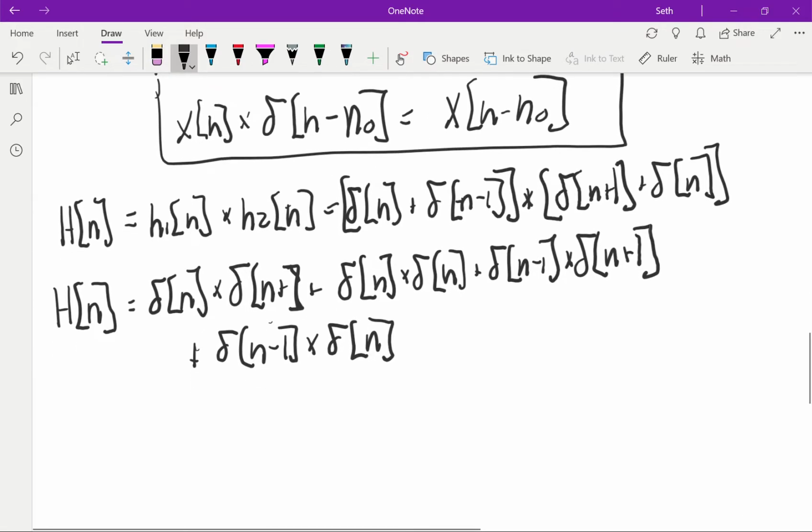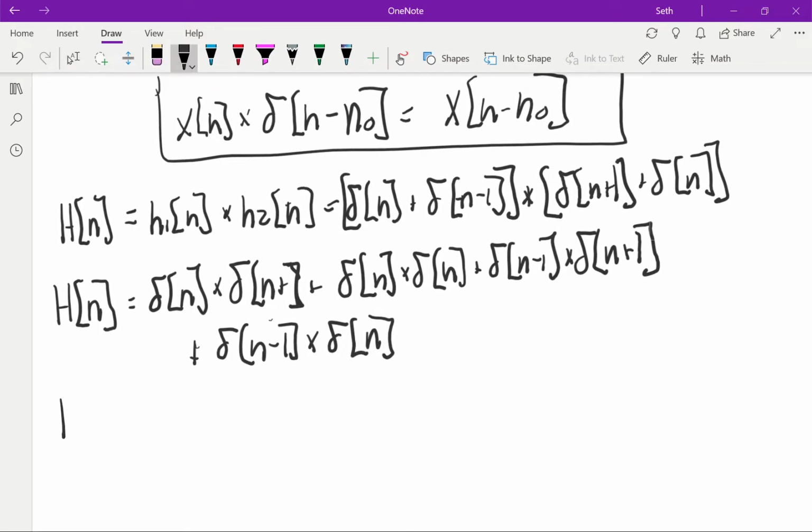Now we can apply the sifting property. h of n is equal to, in this case, we'll take x of n to be the first delta n, and delta n minus n naught to be the second delta n plus 1.